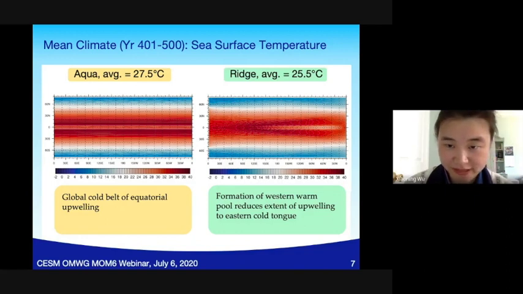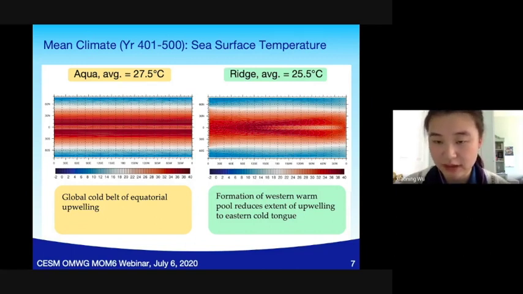As we've seen in the animation, Aqua has a global cold belt of equatorial upwelling, and in Ridge that upwelling has been reduced to the eastern part. The zonal gradient of SST in the equatorial region on Ridge corresponds to the wind stress pattern on the surface.